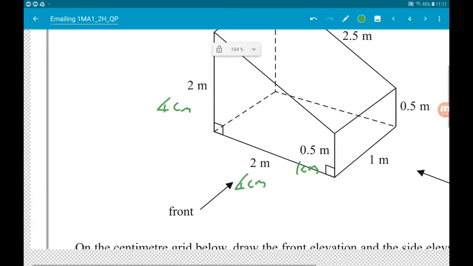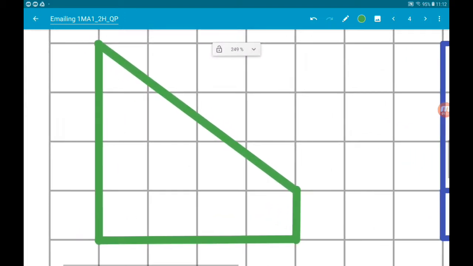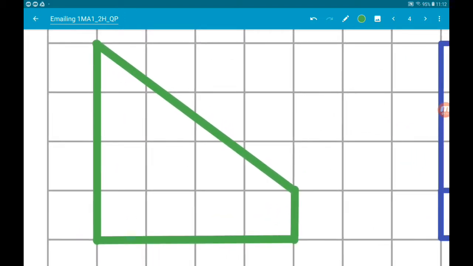So our front elevation should look like that. We could label it. So it's 4 high, 4 wide, and 1 high on the right. We didn't need to worry about converting the diagonal because the other 3 lengths take care of the diagonal.